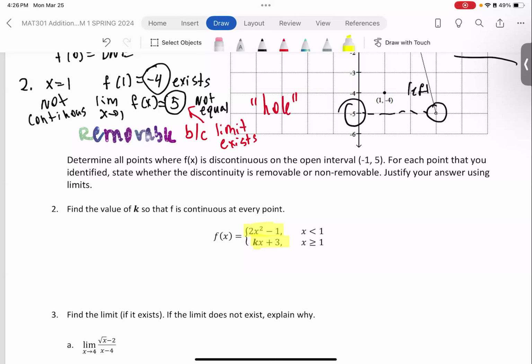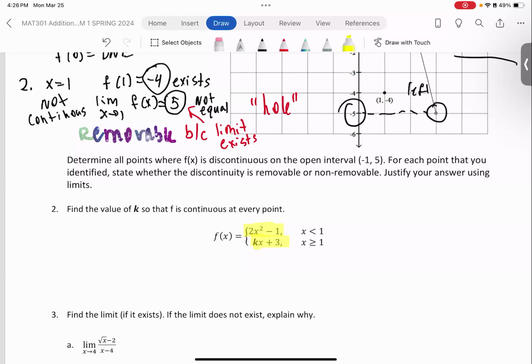How about, let's say, somewhere at 0? Also going to be okay, because this has no problem and this one has no problem. The only problem happens when the two pieces separate. They separate at 1. So it's already continuous everywhere except at one possible point, because that's the only trouble.